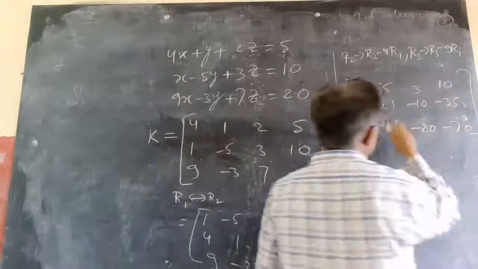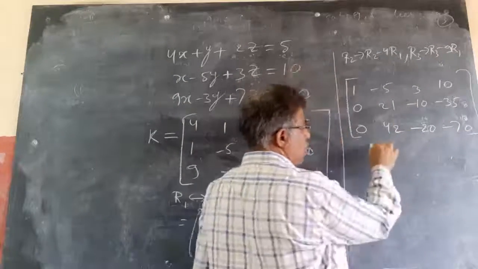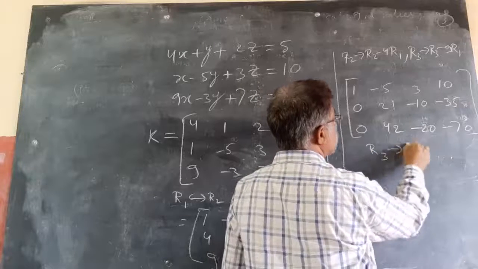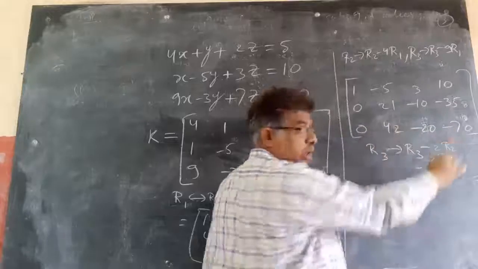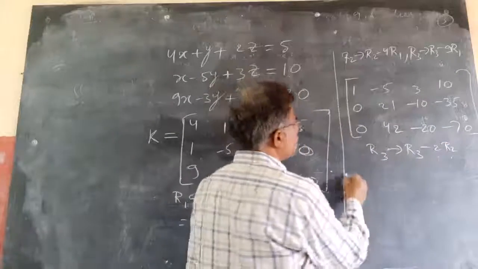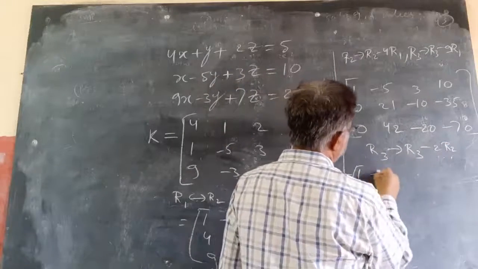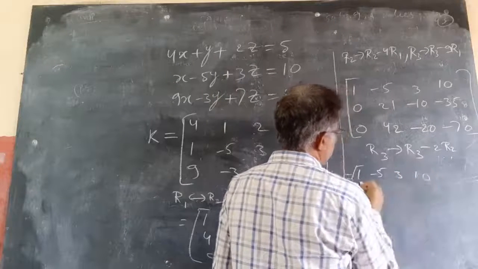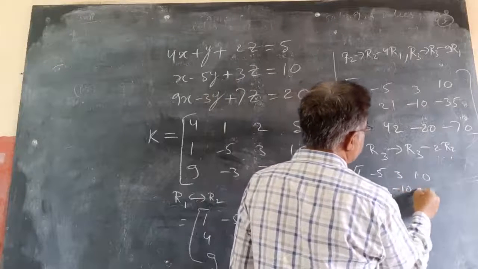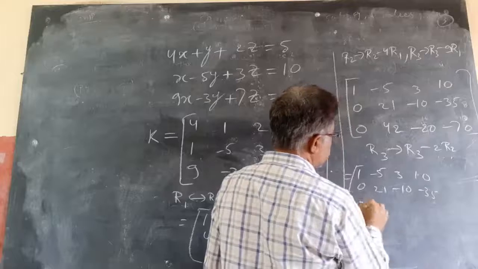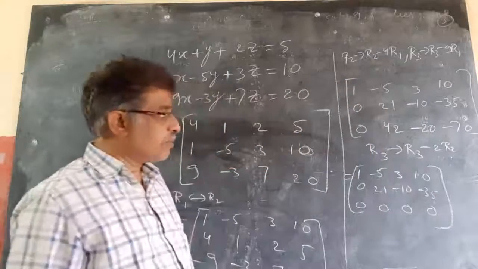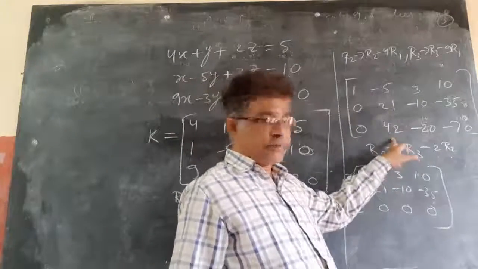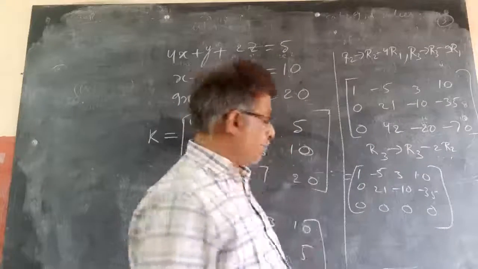Now if you observe, these two rows are the same multiple, so R3 tends to R3 minus 2R2. So the matrix is 1, minus 5, 3, 10; 0, 21, minus 10, minus 35; and 0, 0, 0, 0. This row is 2 times that row, so the whole row becomes 0.